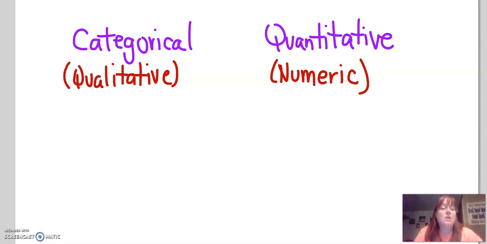We're naming qualities off of something. Quantitative ones or numeric ones are basically a number. And now I'll give a little disclaimer in a minute that they're not always the only ones. Just because it's a number doesn't mean it's quantitative. But quantitative ones are something like a number, like how many siblings do you have? What's your height? What's your weight? What's the average wait time in line?